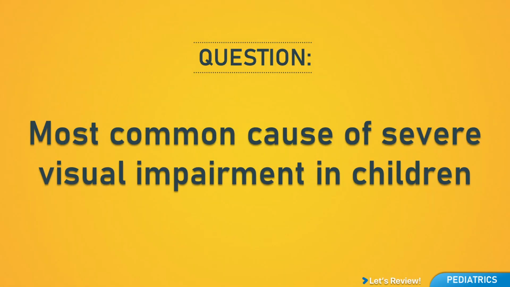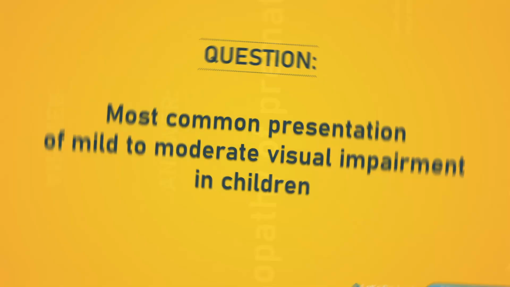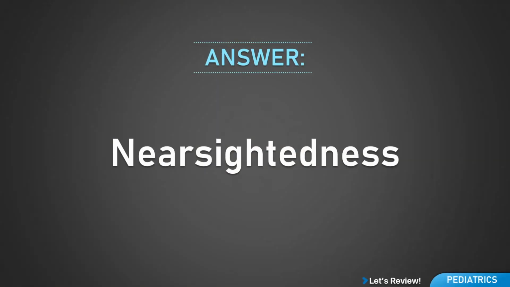Most common cause of severe visual impairment in children. Retinopathy of prematurity. Most common presentation of mild to moderate visual impairment in children. Nearsightedness.